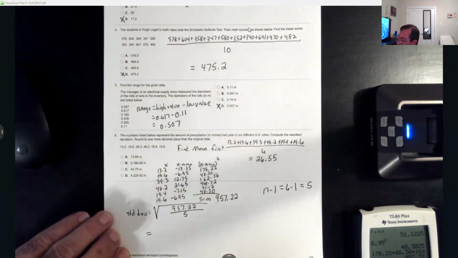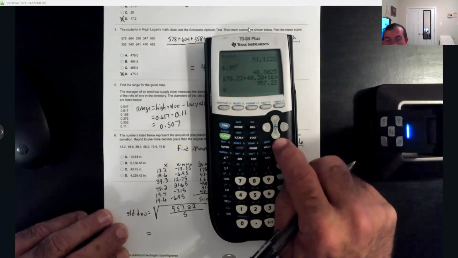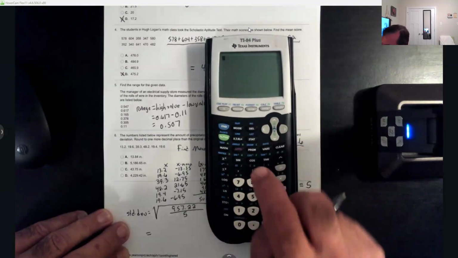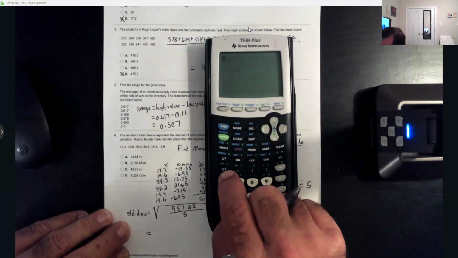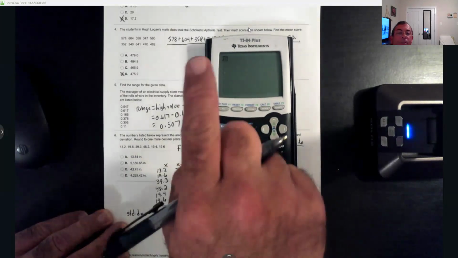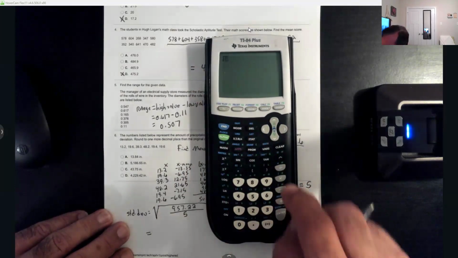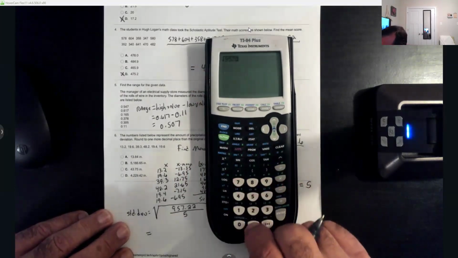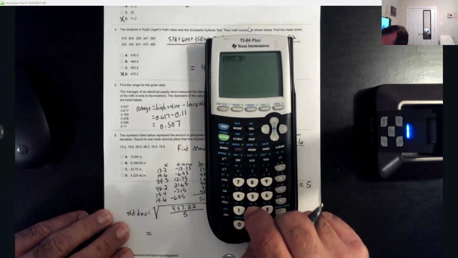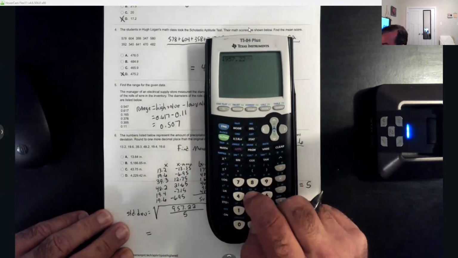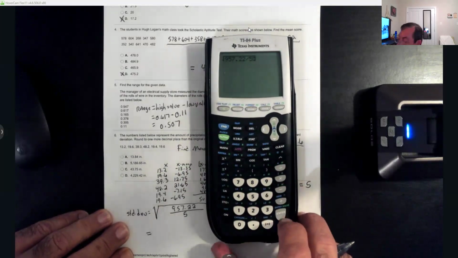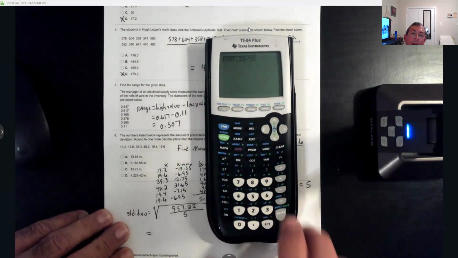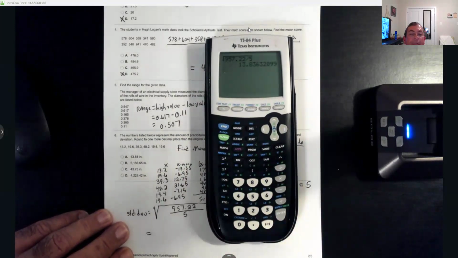So y'all, to do this problem, I'm going to clear my calculator. I'm going to get the square root first by doing second x squared. That brings the square root up. And then I had 957.22 divided by 5. And y'all, once I hit enter, now we're rounding to 2 decimal places.